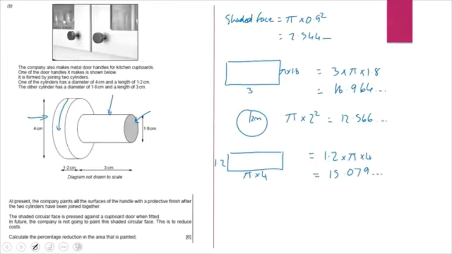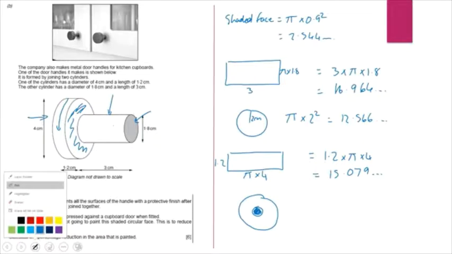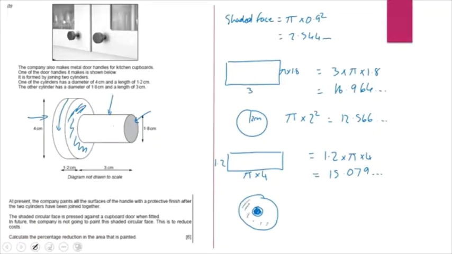And then we want to work out this shaded bit here, this face here with this cylinder stuck onto it. So we want to work out this minus this bit here, which is this cylinder here being pushed up against it. So we already know this shaded one. We've already worked it out at the top of the question. But we want to know now what this area is here. So let me just show you which part I want. It's this bit here.